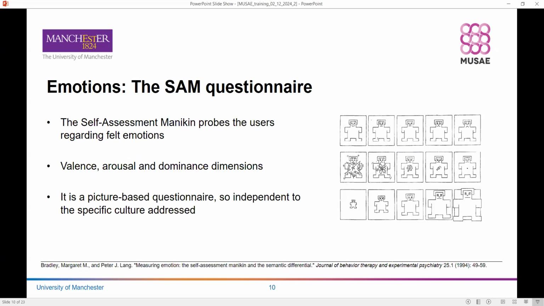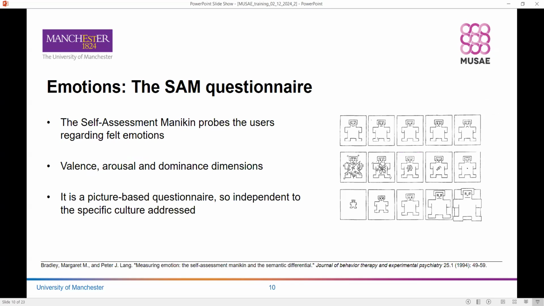You can also probe users' emotional response to the interaction with your system. And there are different ways of measuring this by means of questionnaires. The most common one is the self-assessment mannequin, which is reported here as well.